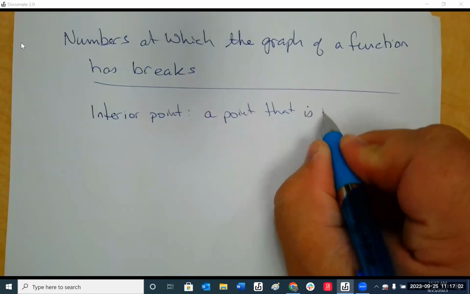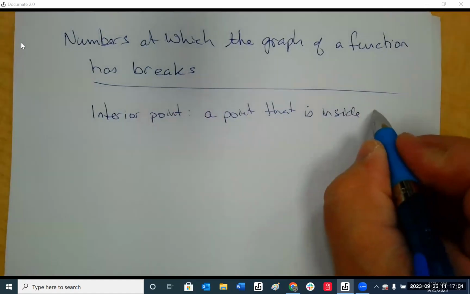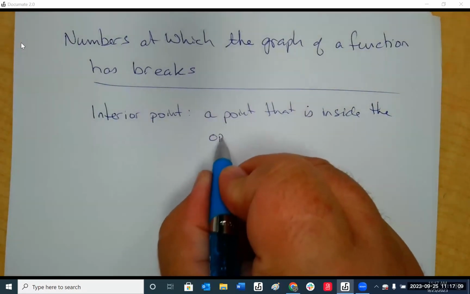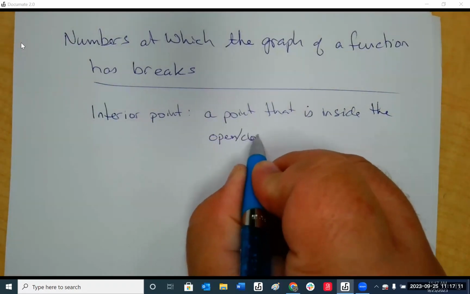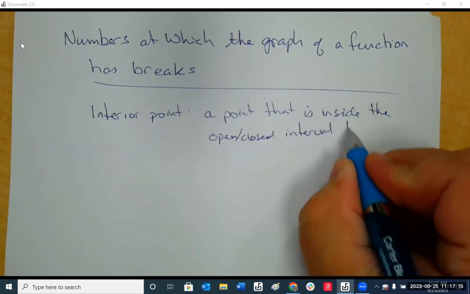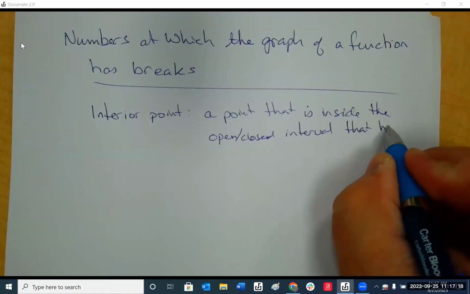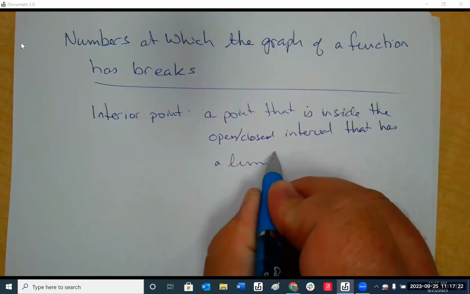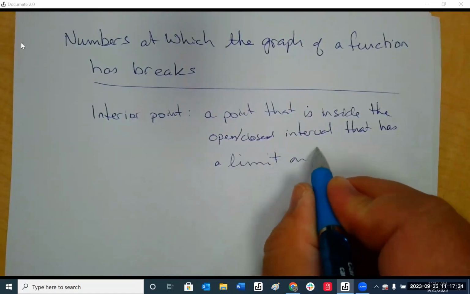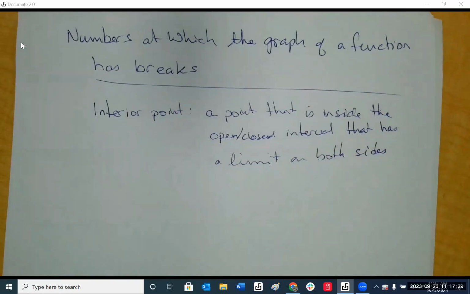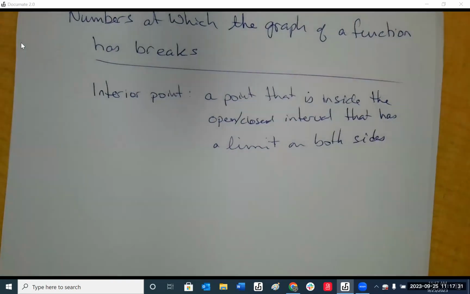That is a point inside the open or closed interval that has a limit on both sides. In other words, the limit exists on both sides.